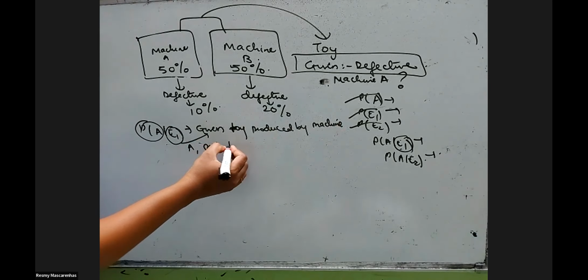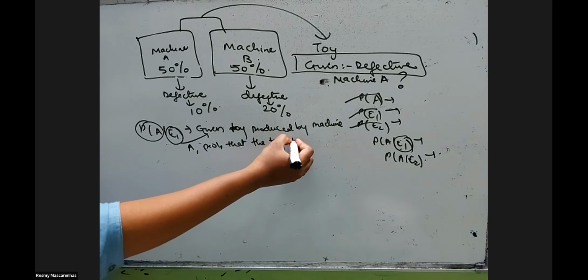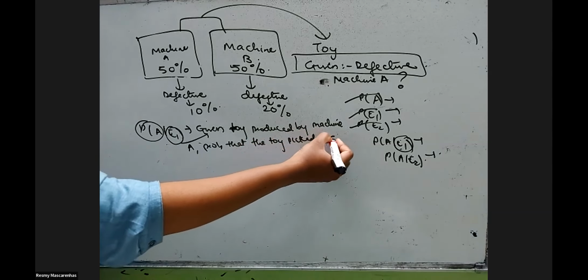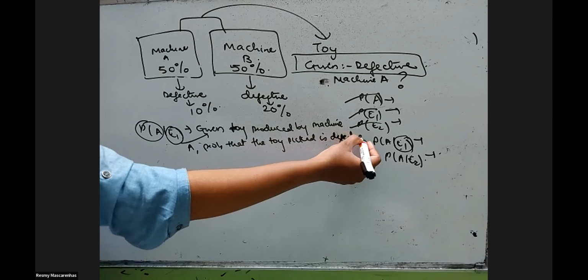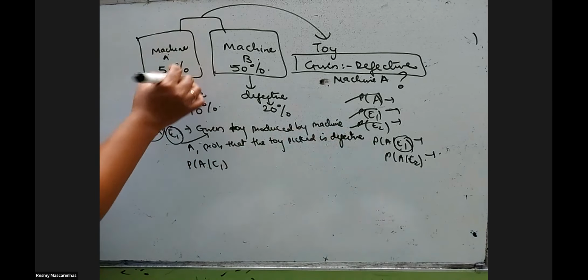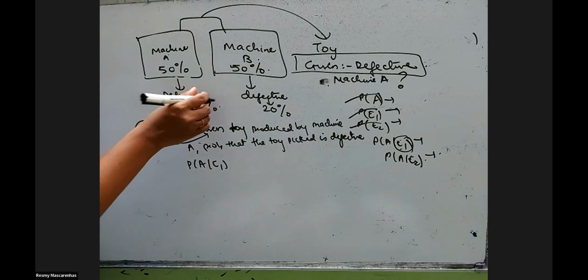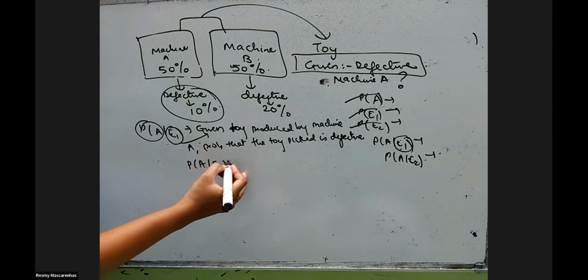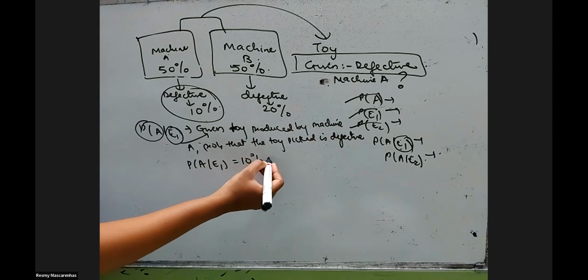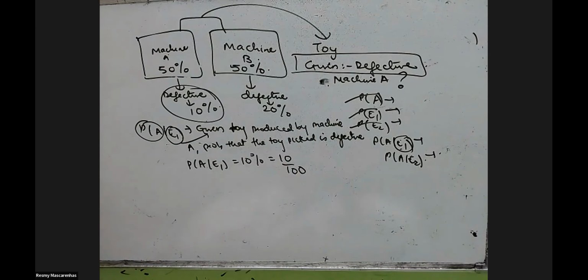What are the chances? If this toy is produced from machine A and you're picking from here, what are the chances of it being defective? Already given, that is 10%. That is 10 out of 100. Keep it like that only.